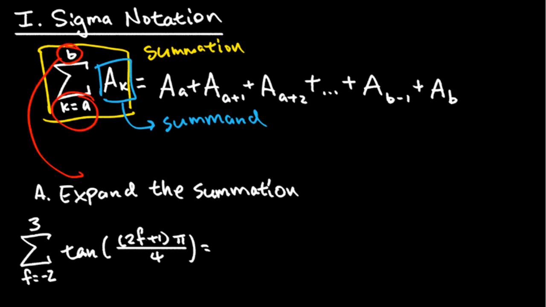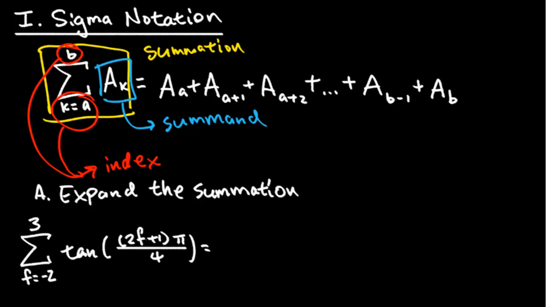And this A and this B and this K, this also has another name. It is called the index. Plural indices. But yeah, so I'm going to use those terms to refer to things here. So just make sure that you're aware of what those all mean.